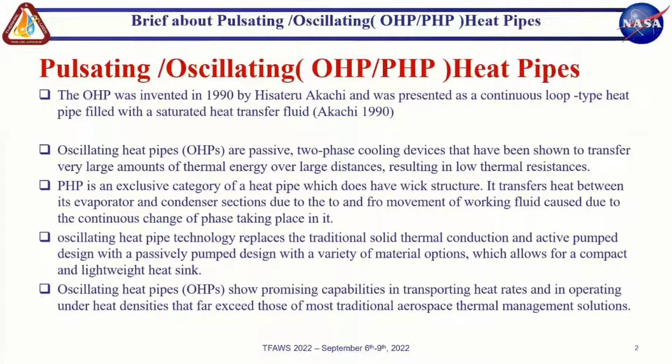This allows for compact and lightweight heat sinks. Oscillating heat pipes have shown heat transport capabilities and operating heat flux that exceed most traditional space thermal management systems and highly effective thermal conductor systems.